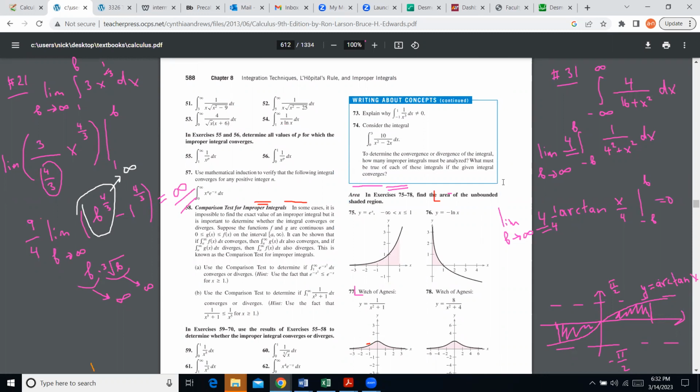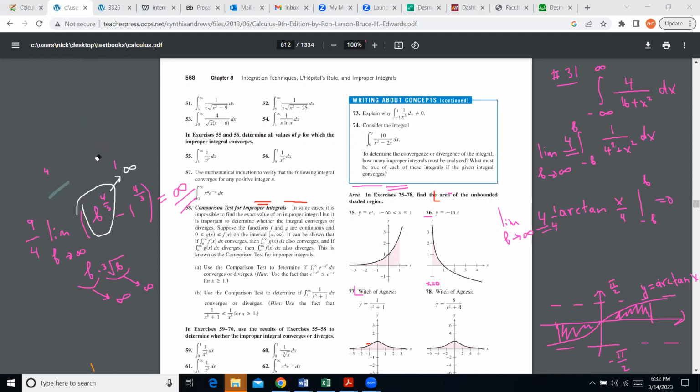Well, in a picture such as exercise 76, notice that the region here is also infinite, because at x equals 0, we have a so-called vertical asymptote, right?